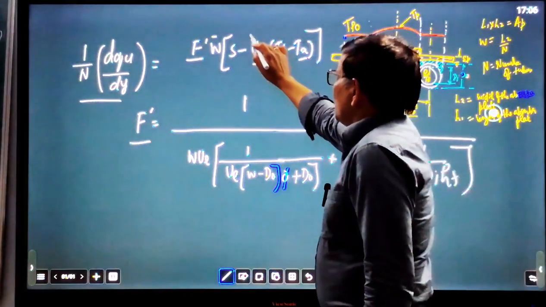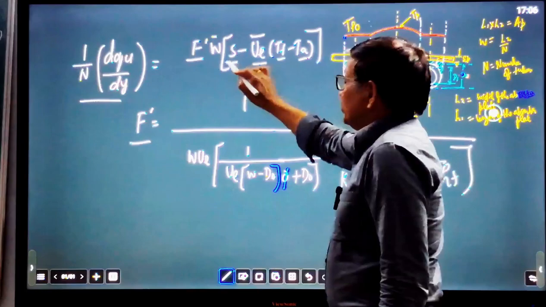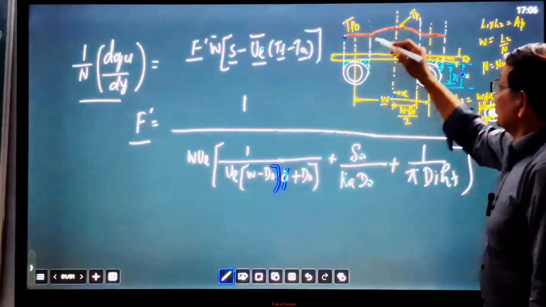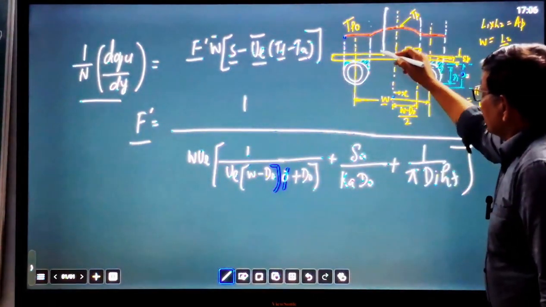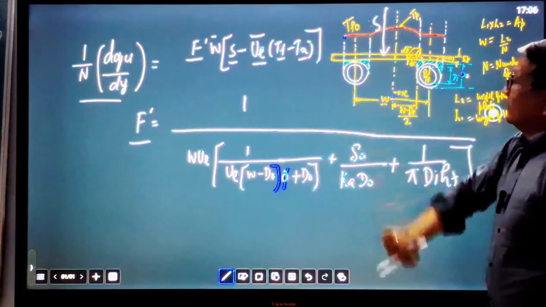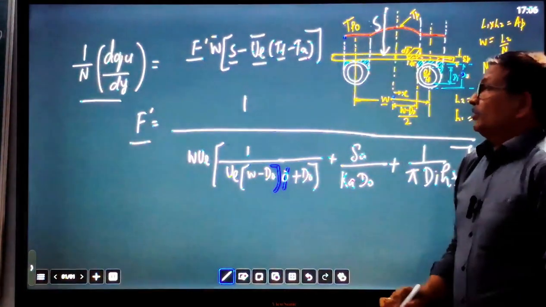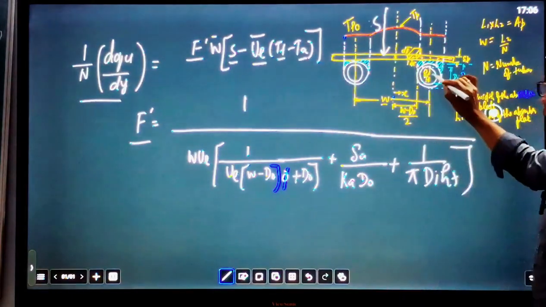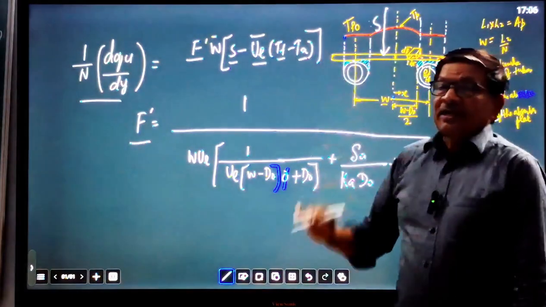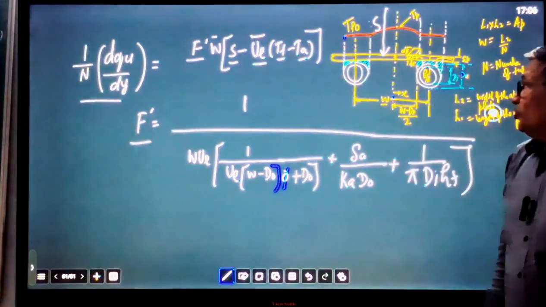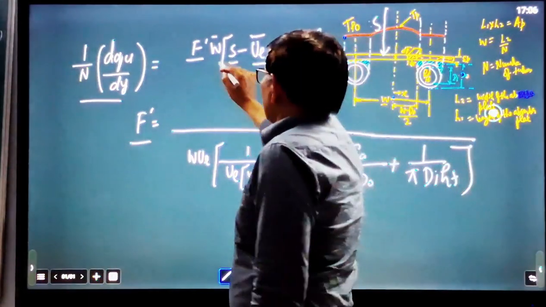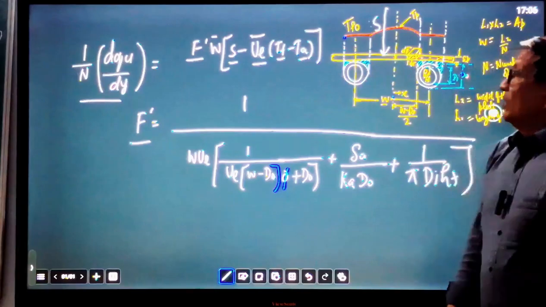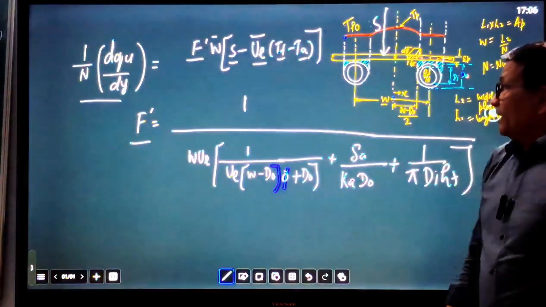UL is the overall heat loss coefficient, S is the effective intensity reaching the collector tube and absorbed by the absorber plate, Tf is the fluid temperature flowing through the tube, and Ta is the ambient temperature. So by using this equation, we can define the collector efficiency factor.